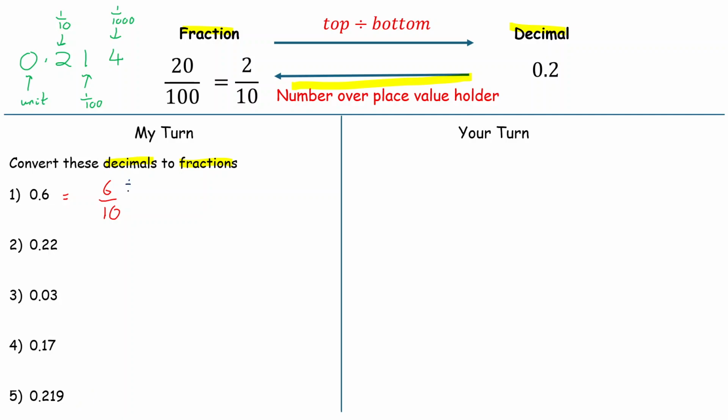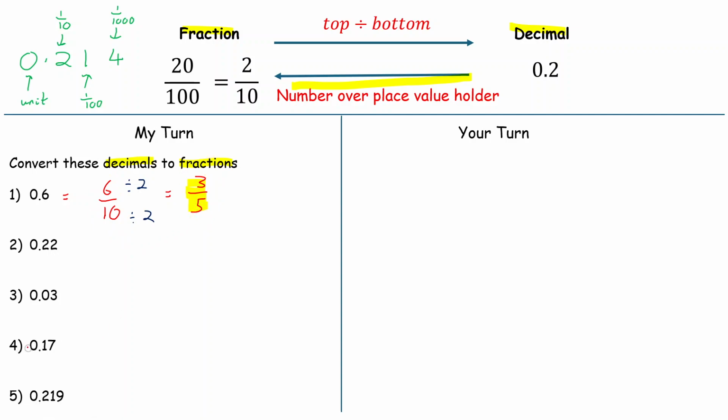So we can divide the top by 2 and divide the bottom by 2, to give us 6 divided by 2 is equal to 3, 10 divided by 2 is equal to 5. So 0.6 is the same thing as a fraction as 6/10, but 3 over 5 is a better answer. This one here is a better answer, but this is also correct. They're equivalent fractions, but of course this is simplified, and we always simplify our fractions.